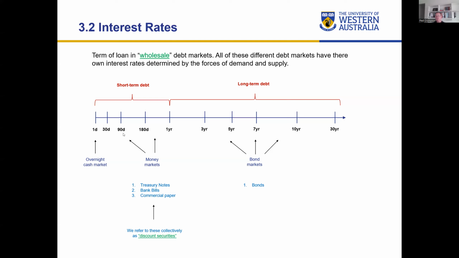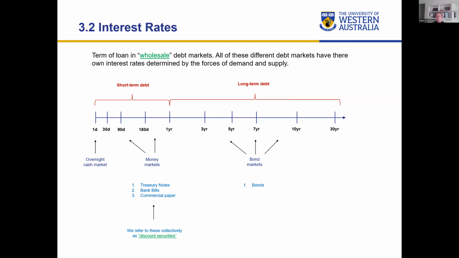So just imagine that we've got 2 big organisations in the 90-day market for loanable funds, a lender and a borrower, and they've established an agreement. The interest rate might be 5%, and the term of the loan, well, we know that it's 90 days. What they need is a debt instrument to facilitate that transaction. And the debt instrument lays out the terms and the conditions of the loan.